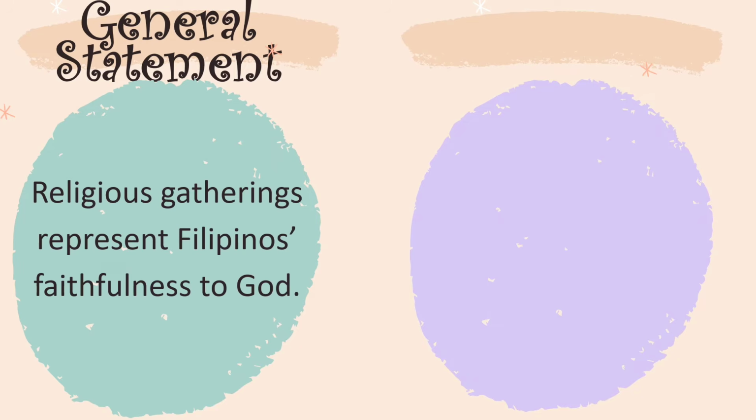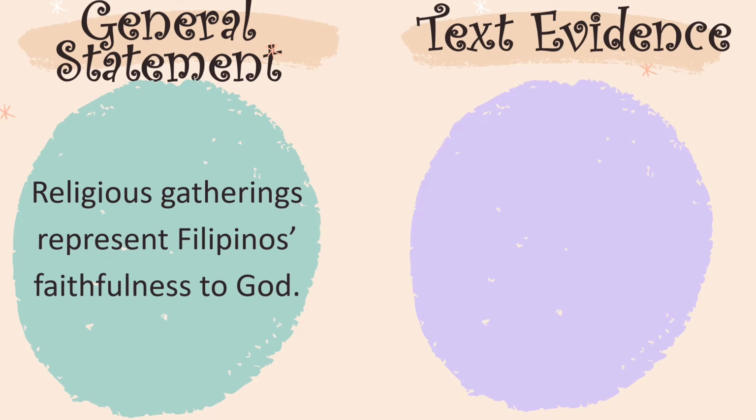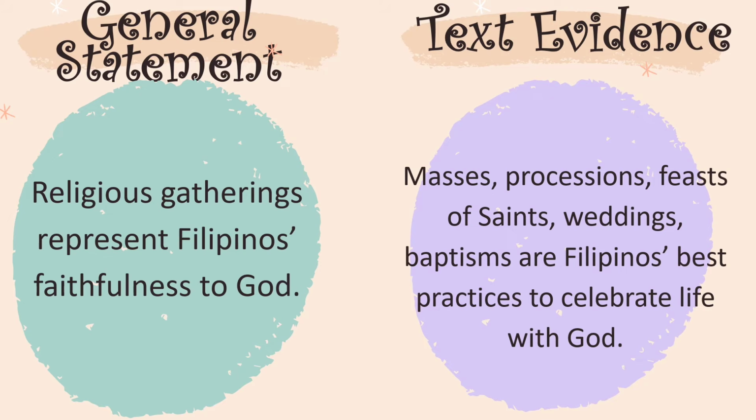What is the general statement? Religious gatherings represent Filipinos' faithfulness to God, while the text evidence is masses, processions, feasts of saints, weddings, baptisms are Filipinos' best practices to celebrate life with God.